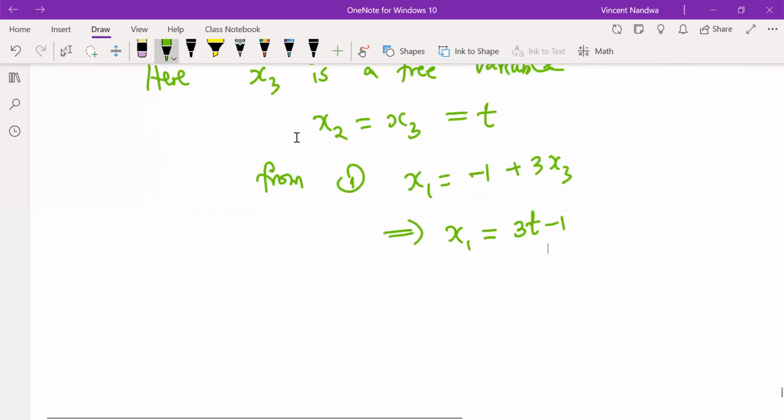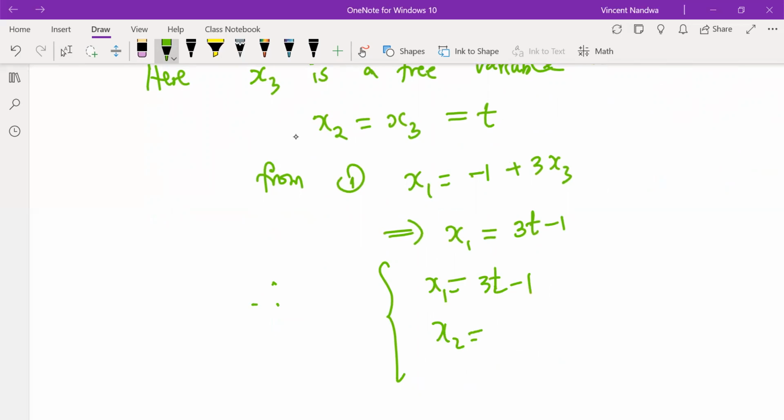Therefore, the solution is x1 equals 3t minus 1, x2 is t, and x3 is t, where t is a real parameter. So this is a system which has infinitely many solutions depending on the values of the parameter t.